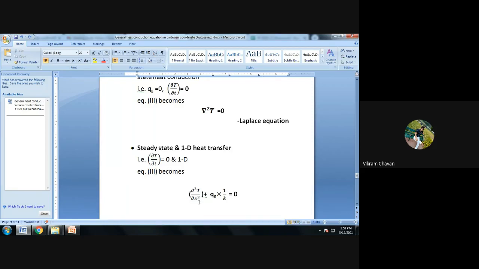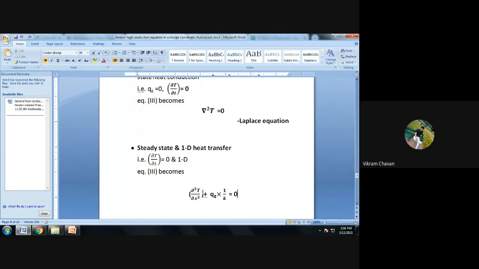So the equation becomes ∂²T/∂x² + qg × 1/k = 0. Why is it equal to 0? Because ∂T/∂t is equal to 0. Once we apply this condition to our equation number 3, the term after the equal sign becomes a 0 term.